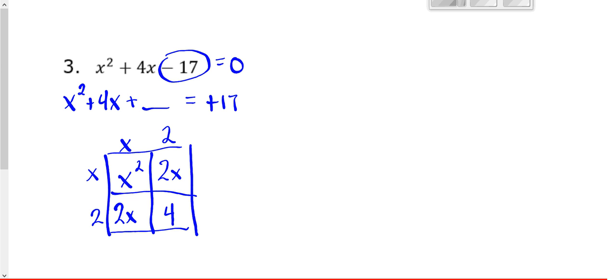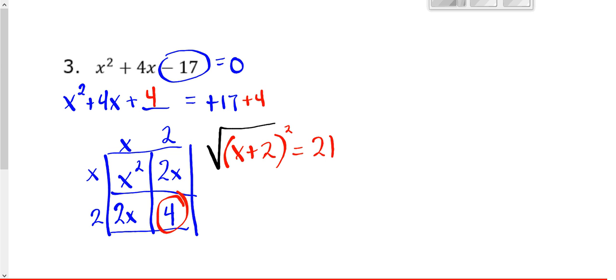So I'm going to add 4 to both sides. Okay, so my left side we've already factored now, so I know my factored form is x plus 2 squared equals 21.